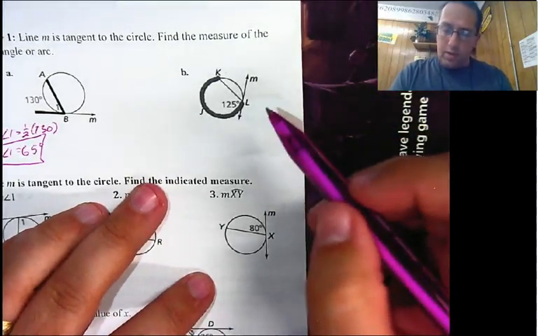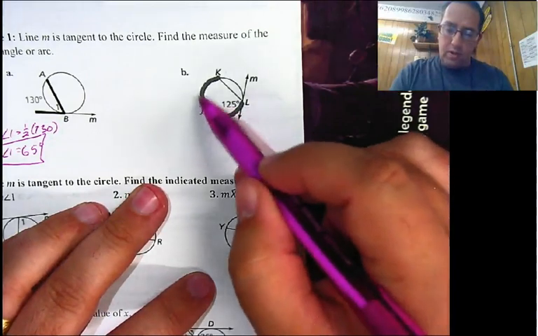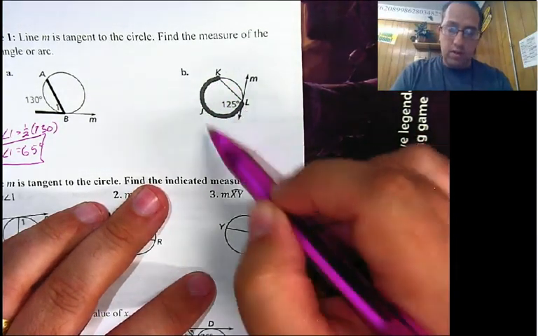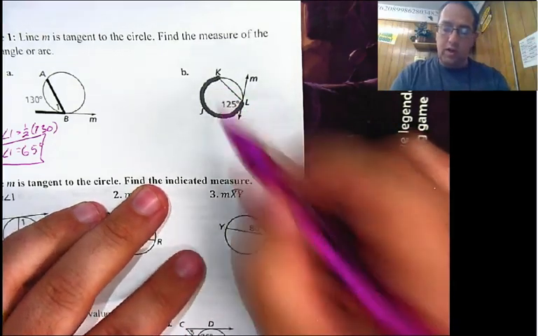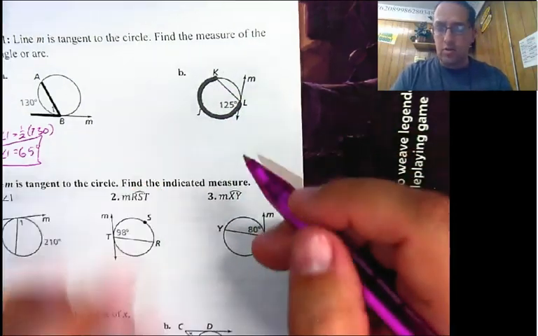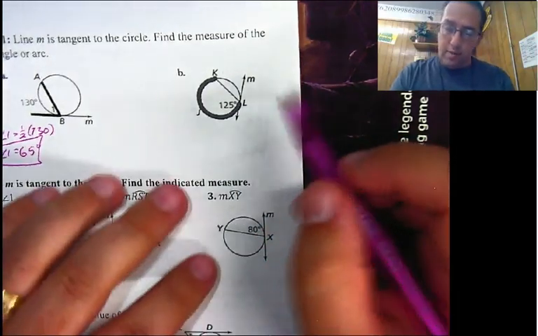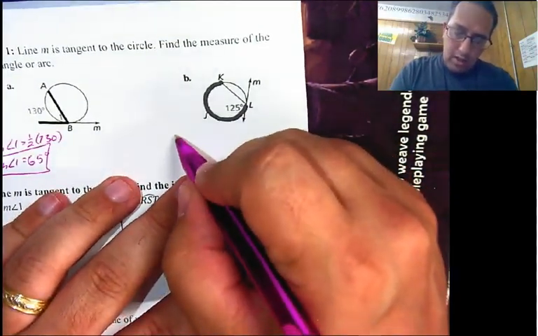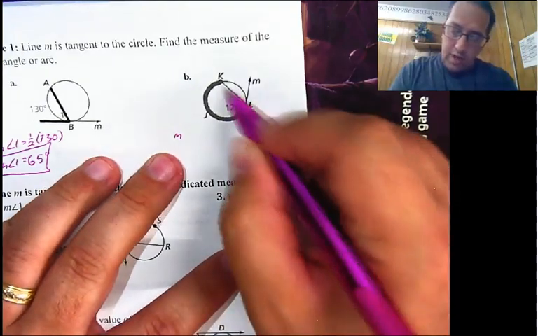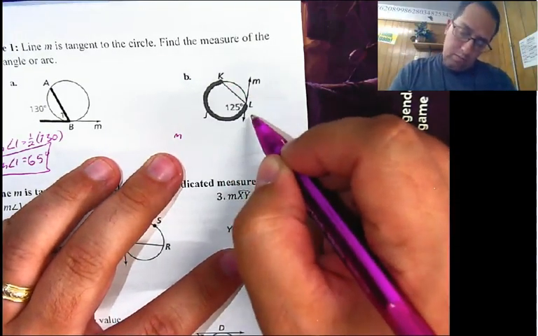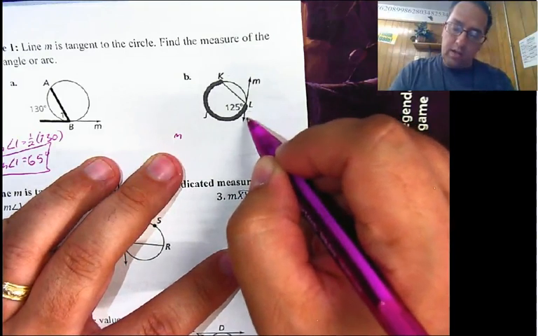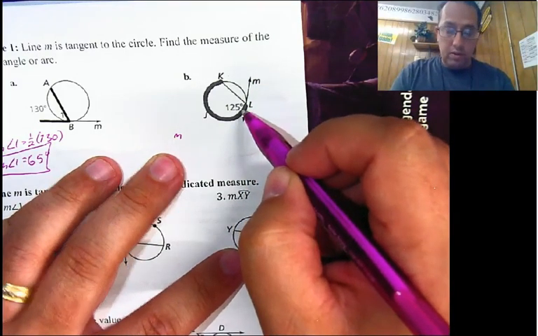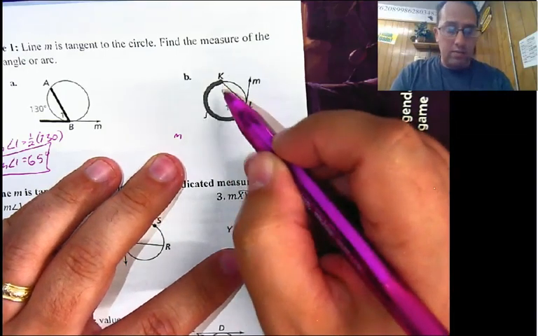Okay, next one. Here we're looking for the measure of arc KJL. All right, this bolded arc right here. This is quite clearly a major arc, so the answer is going to be more than 180. Well, what we know is that the measure of this angle is 125 degrees, which is half the intercepted arc.